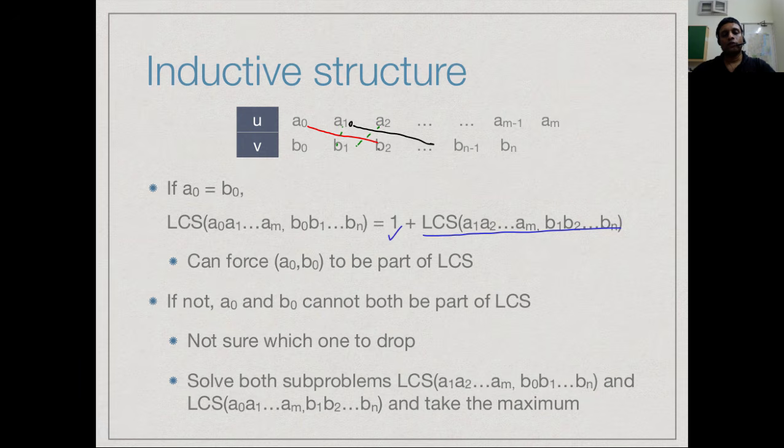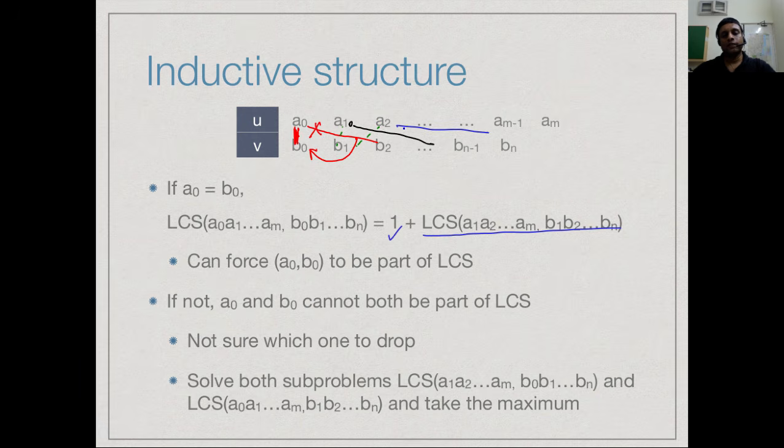So if A0 is matched to B2, A1 must be matched to something to the right, A2 must be matched to something still further to the right, and so on. All these matches go from the top word to the bottom word without crossing each other. So now if I take this solution and I know that A0 is B0, then I can actually move this arrow here and make it match like this and remove this.